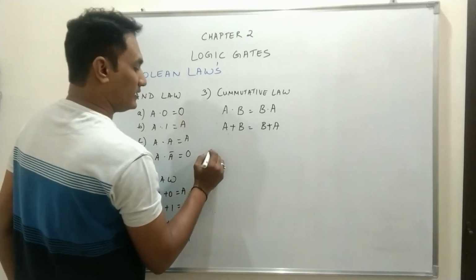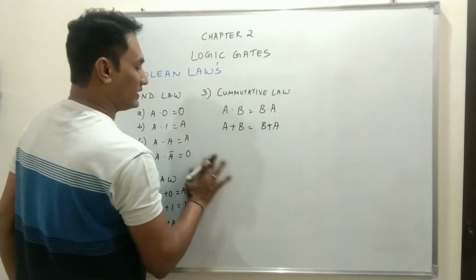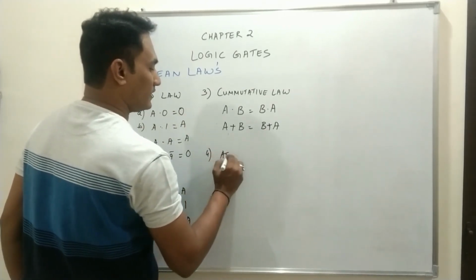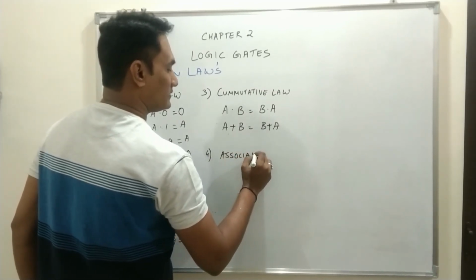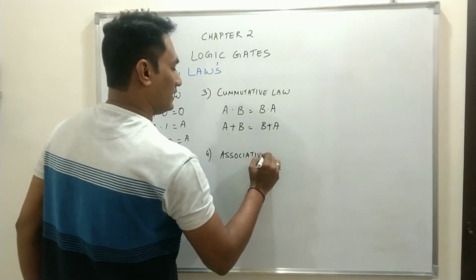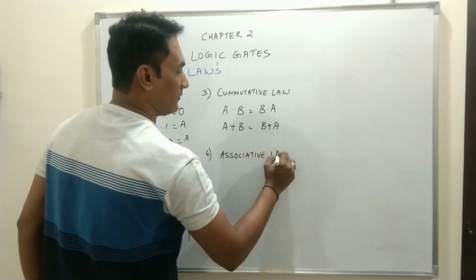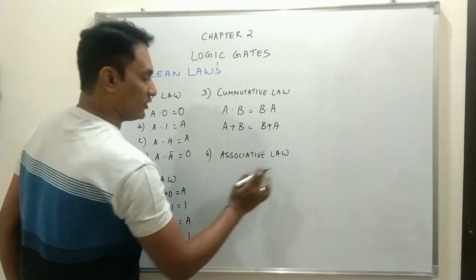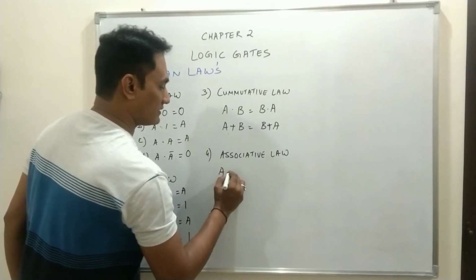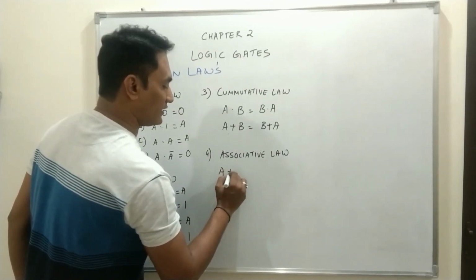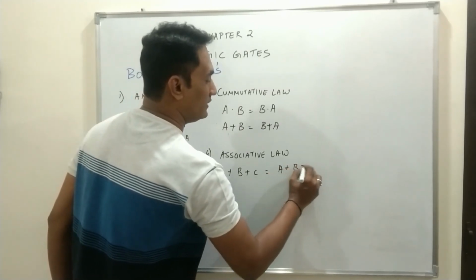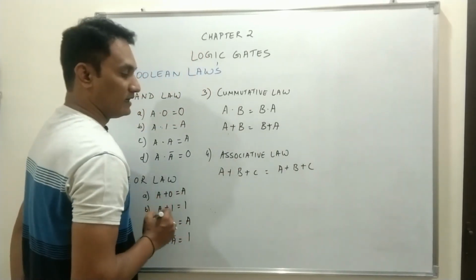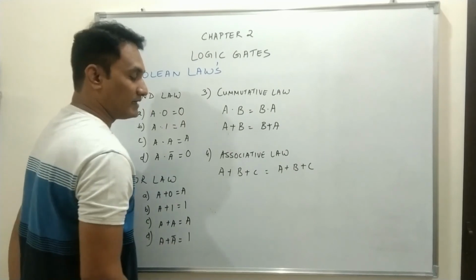The fourth one is called as associative law. Associative law, I'll just write the equation, you try to understand. A plus B plus C is equal to A plus B plus C. Of course, left hand side is equal to right hand side.